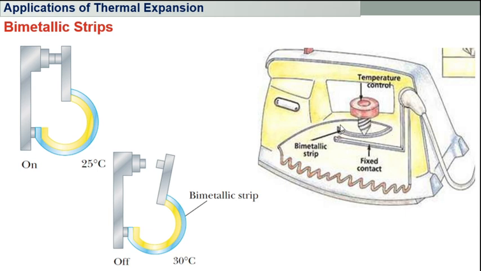So eventually, the strip will touch another piece of metal. So this completes the electrical circuit that opens a switch so that the iron does not overheat. Also, the position of the bimetallic strip can be altered by a control to set the temperature of the flat iron.